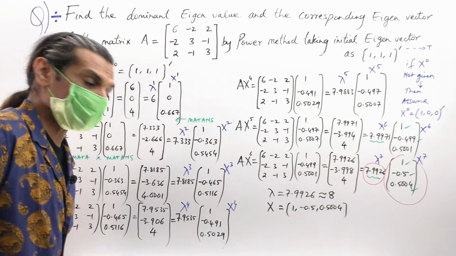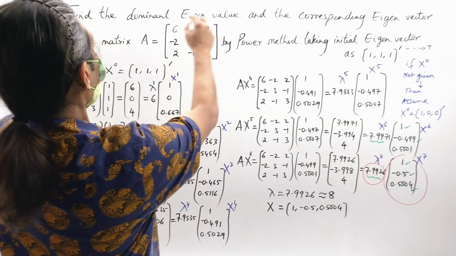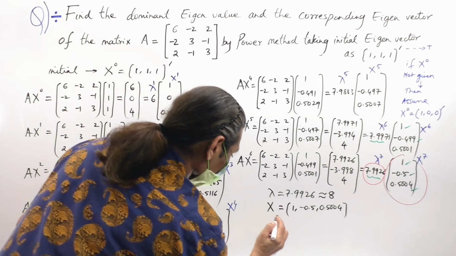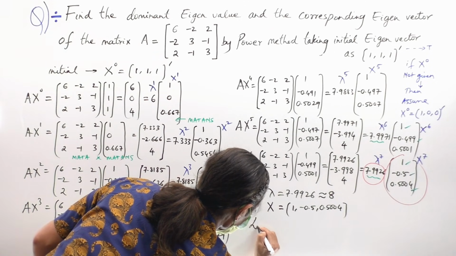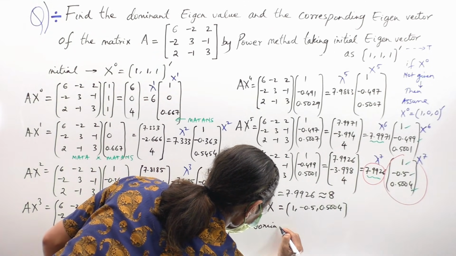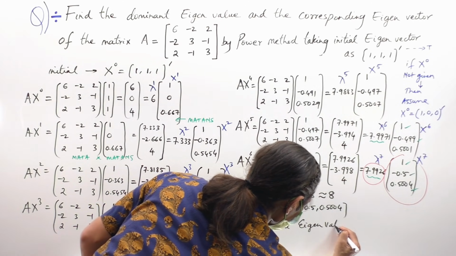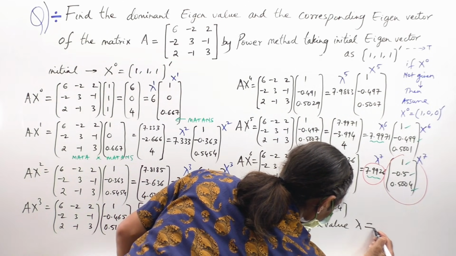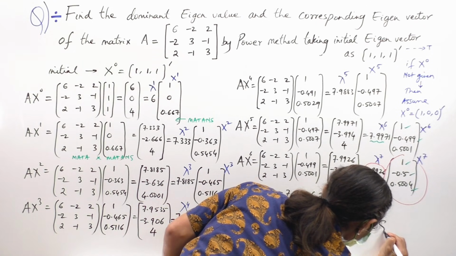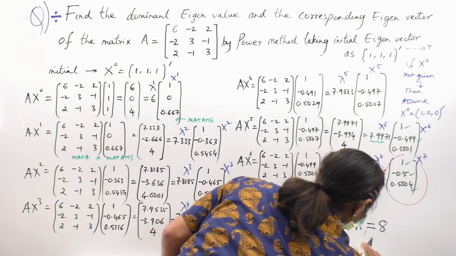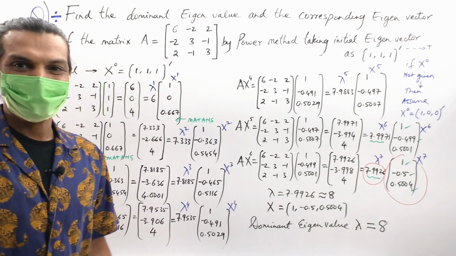Now I'll complete the answer. Therefore, by the Rayleigh's Power Method, the dominant eigenvalue, or the highest eigenvalue, lambda equals what? 8. Correct.